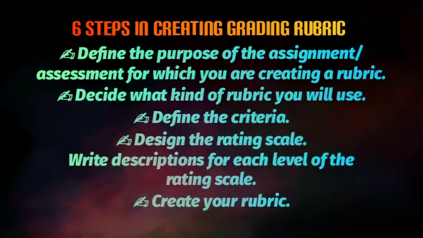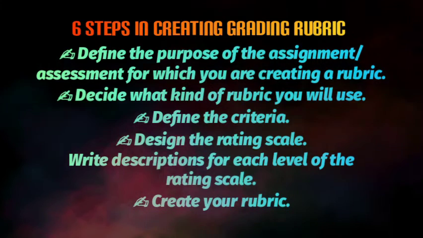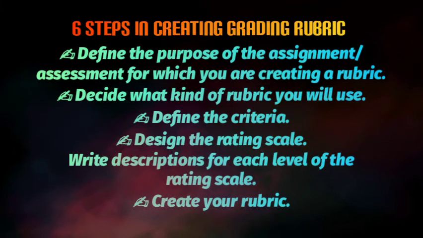Will you use numbers or descriptive labels for these levels? If you choose descriptive labels, what labels are most appropriate? Will you assign a number to those labels? And in what order will you list these levels, from lowest to highest or vice versa?